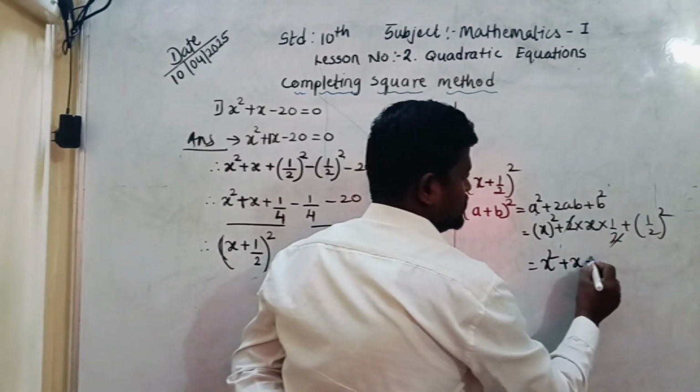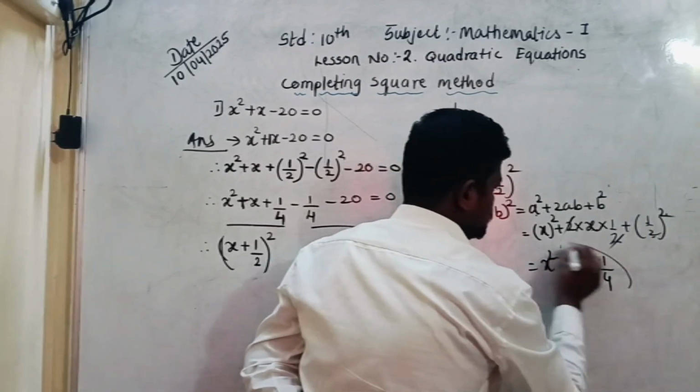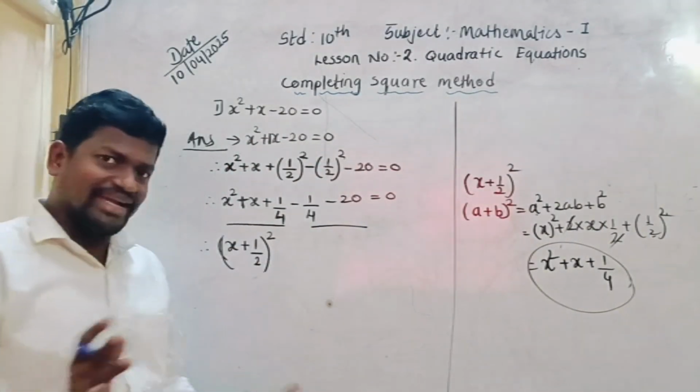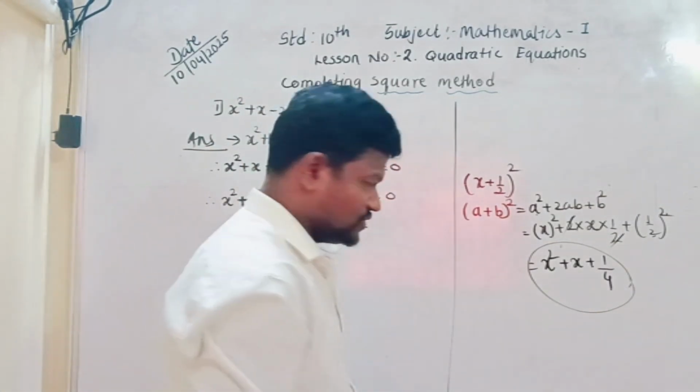Here we have x, 1 square 1 and 2 square 4. See this value and check that this value is right. So our shortcut is right.